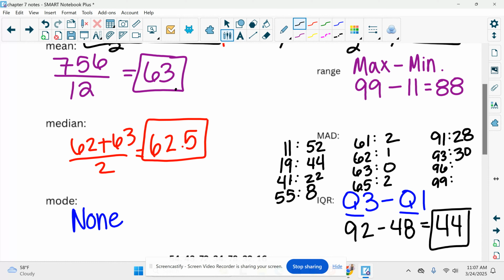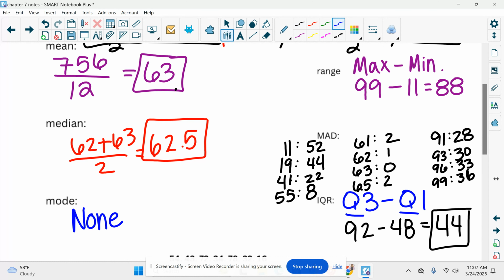Harrison, you just do 96 minus 63 in your calculator, guys. It's not that difficult. We just are subtracting. 33. And then Connor. 34. No. 99 minus 63. 36. Thank you.